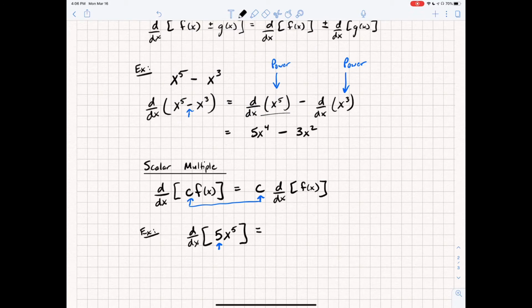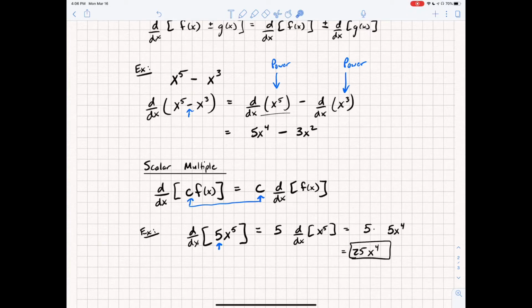So if I wanted to apply this rule, I would say 5 times the derivative of x to the 5th, which again is a power rule. So this is 5 times 5x to the 4th, which is 25x to the 4th.